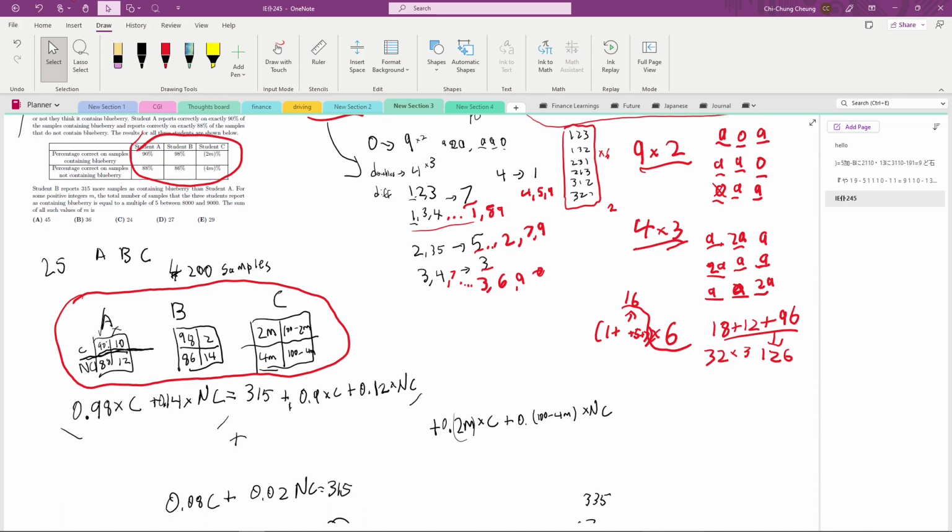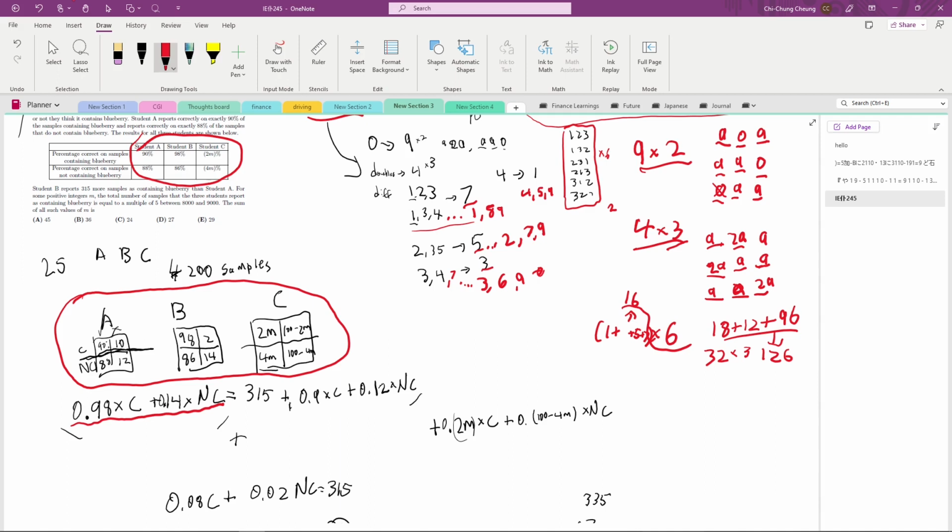Okay, so this is student B, and sorry, let me just erase this. Yeah, it's this portion, the left-hand side. It's student B. When it contains blueberry, the number of samples that contain blueberry is 98%, plus it doesn't contain blueberry, and he thought it contained blueberry, which means he was wrong.